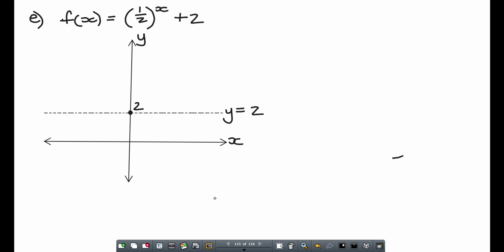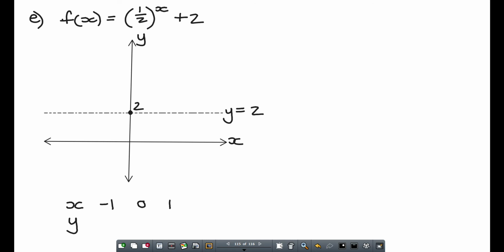So, let me do it down here, there is more space that side. X and y. If x is minus 1, it would be a half to the power of minus 1, which will be 2.